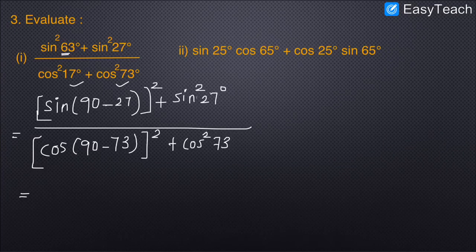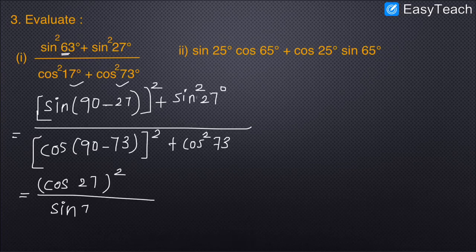So let's do the next step. So sin 90 minus theta is cos theta. So I write sin 90 minus theta as cos 27 square, and here also cos 90 minus 73 is sin 73. I write sin 73 the whole square.